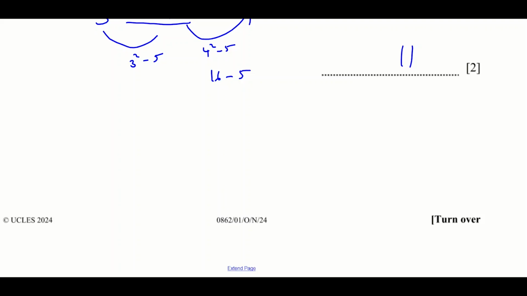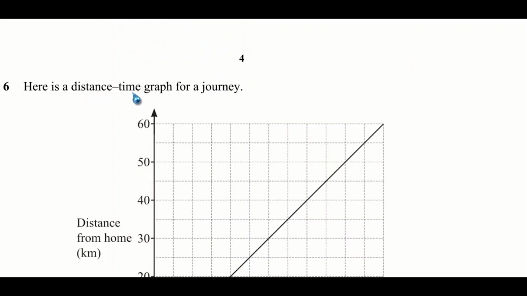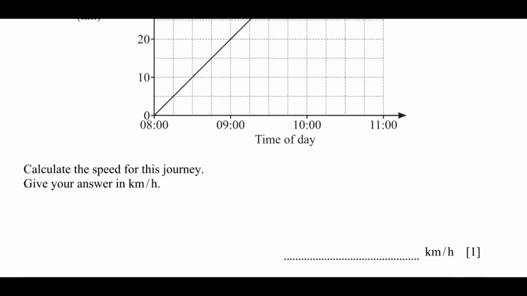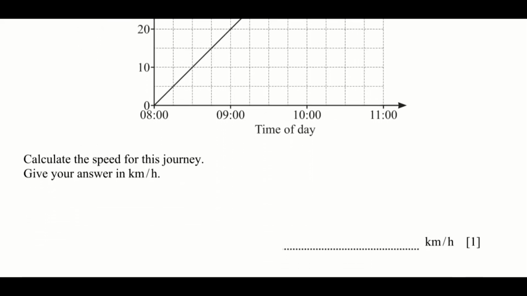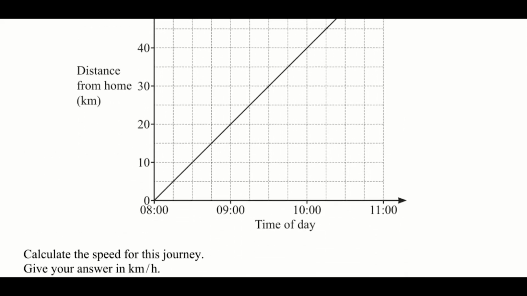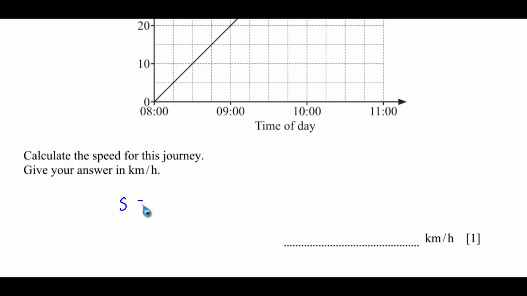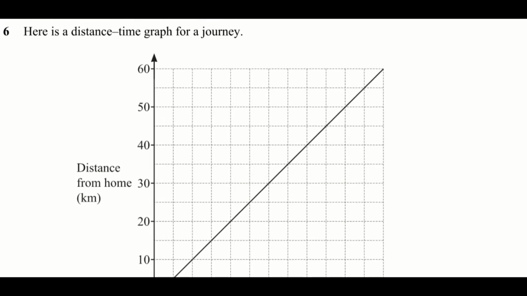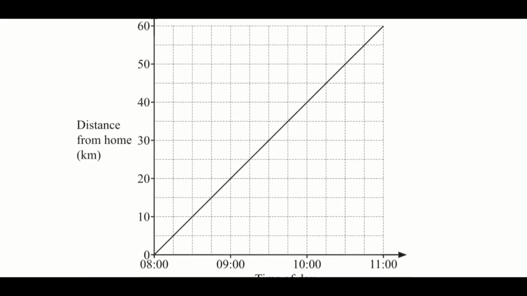So the next question is question 6. Here is a distance time graph for a journey, as you can see here. So calculate the speed of this journey. Give your answer in kilometers per hour. Okay, so the speed is given as d over t. If you remember this, distance over time, that is the speed. And the total distance covered here is 60.